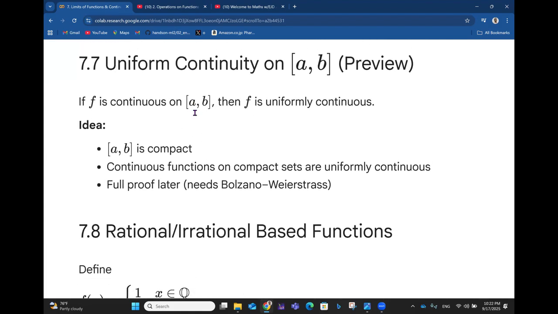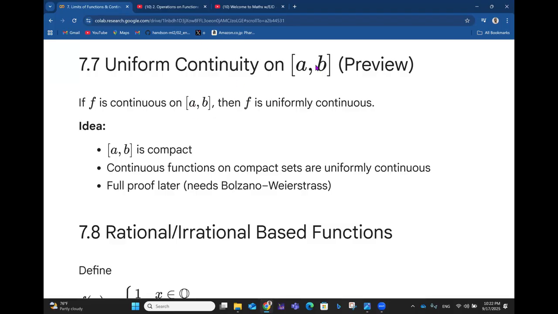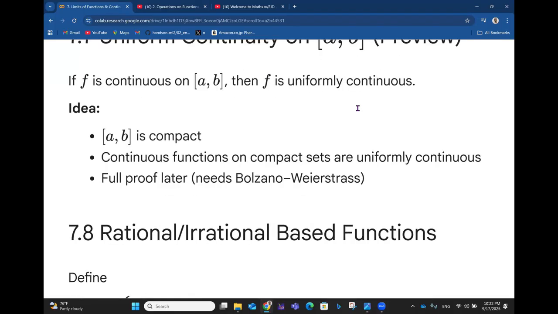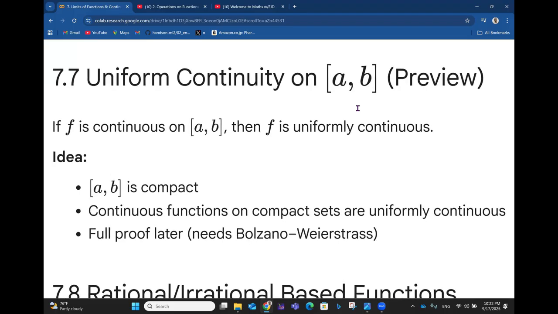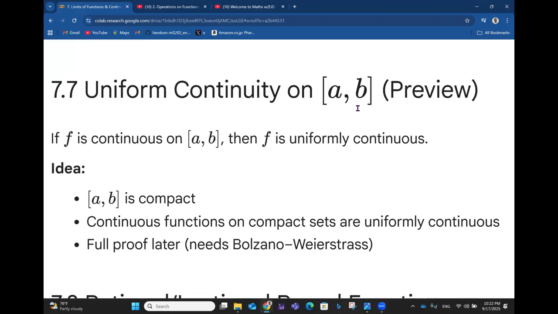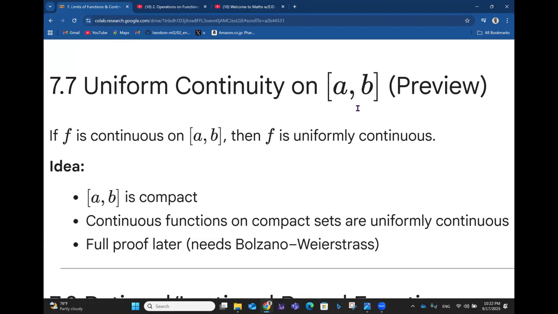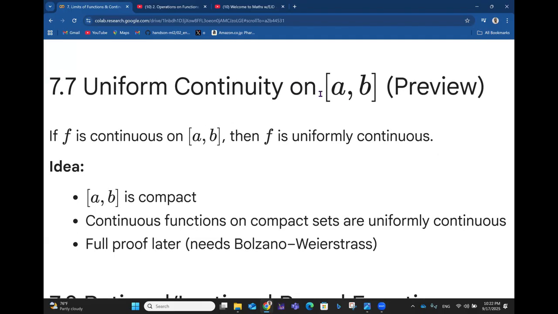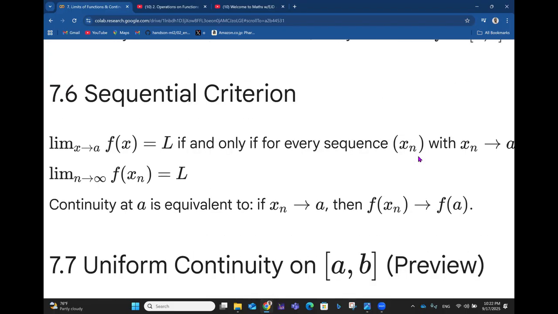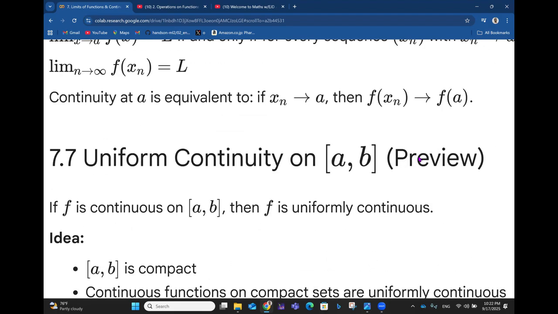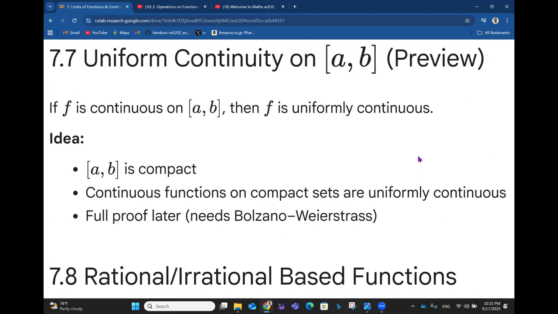So we have uniform continuity on a closed interval AB. A kind of preview on that now. So if f is continuous on the closed interval AB, then f is uniformly continuous. I think that was what we saw, the Heine-Cantor thing coming up here again.